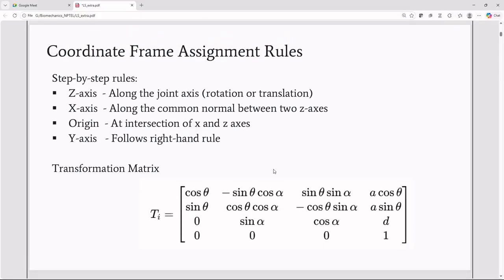Now we have seen what the DH parameters are. Now, how to fix the axes? For DH parameters, theta, alpha, a and d are related only to either the Z axis or the X axis.